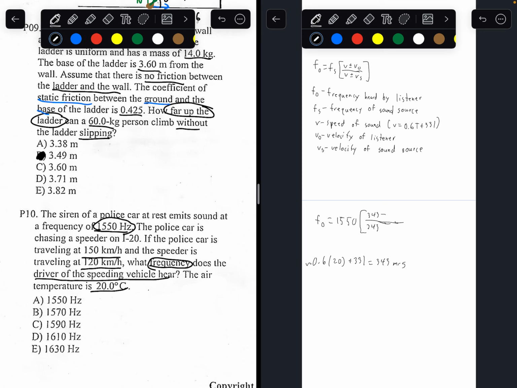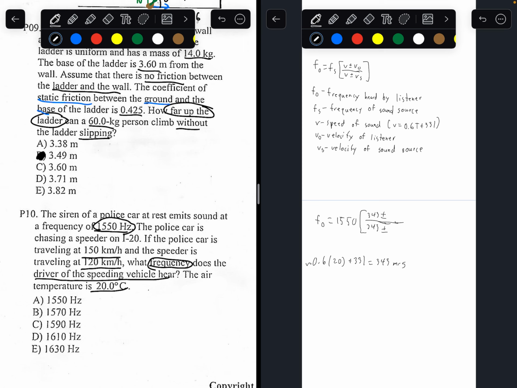343 plus or minus. What is the velocity of the object? That's the observed velocity, heard by the listener. The listener in this case would be the speeder. The speeder is moving at 120 kilometers per hour.